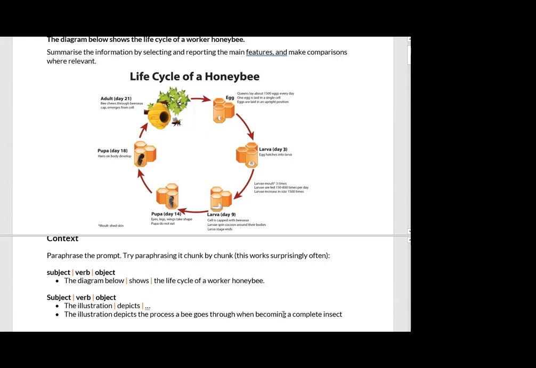Becoming a developed insect. Is there like a more concise way we can describe that process? When is becoming. 2 words.